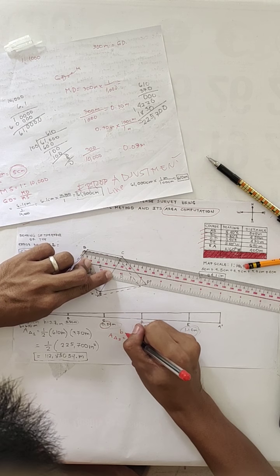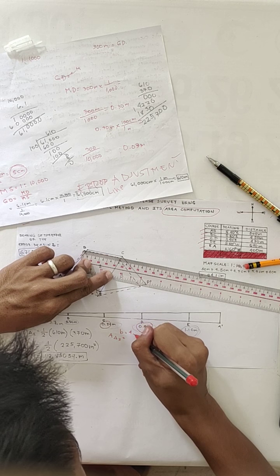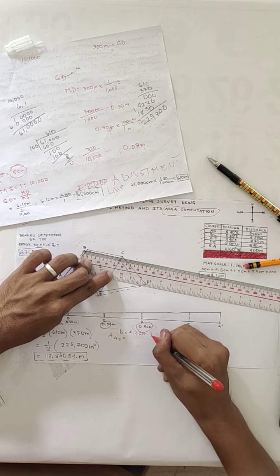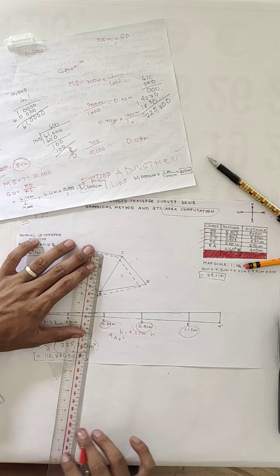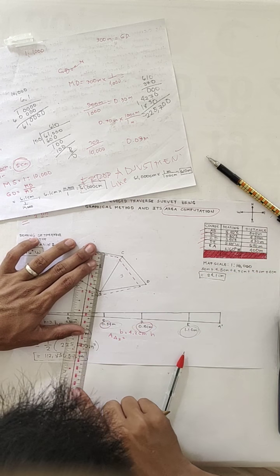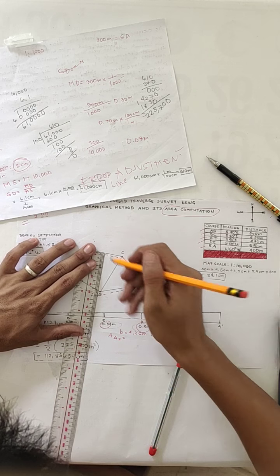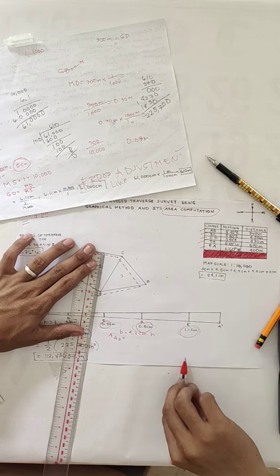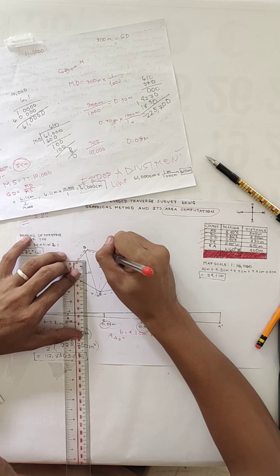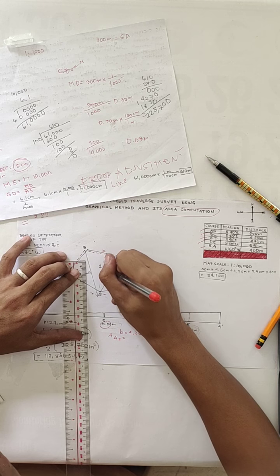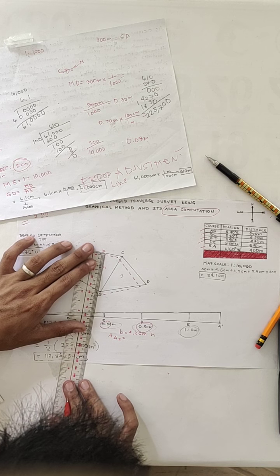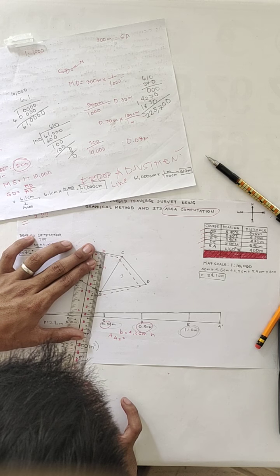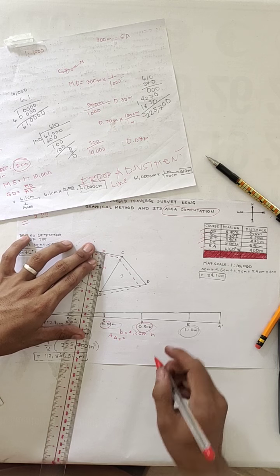Our base is 4.2 centimeter and our height, this will be our height h, and this will be our base. So the height measures 5.5 centimeter.